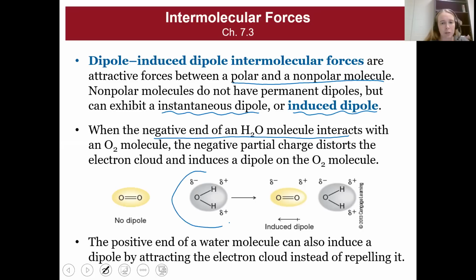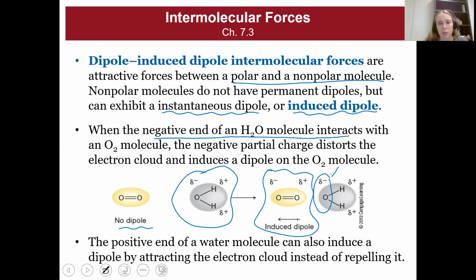So water here is polar, it's got a dipole, and if it interacts with little old oxygen gas with no dipole, then the partial negative charge on the oxygen atom in the water molecule distorts the electron cloud of this oxygen gas molecule, O2 molecule, and induces a dipole on this molecule.